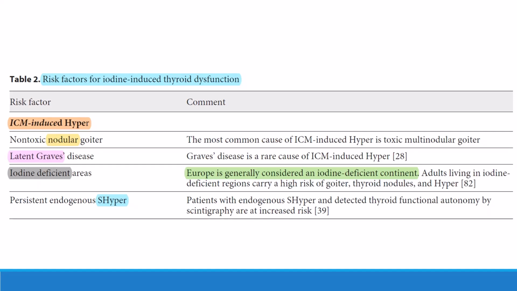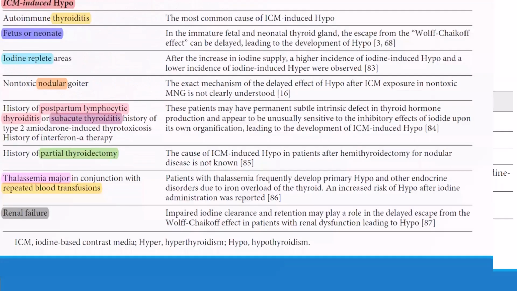Europe is generally considered an iodine deficient continent, and also in a patient with persistent endogenous subclinical hyperthyroidism. So in these patients, we should reassess thyroid status before iodine-based contrast media.